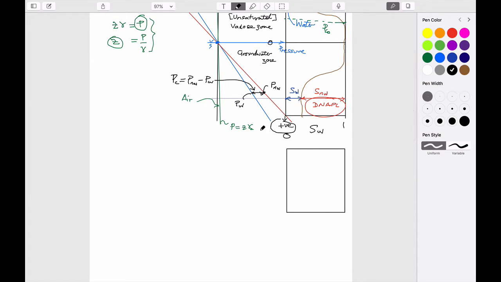Congruent, I guess, with this picture, it would look something like this. This again is the water saturation from 0 to 1, and it would be the non-wetting saturation from 0 to 1 in the opposite way. This would be relative permeability. We know that relative permeability is just a scaling value.